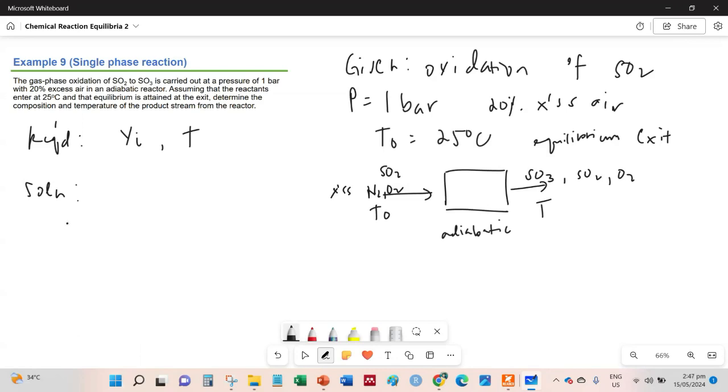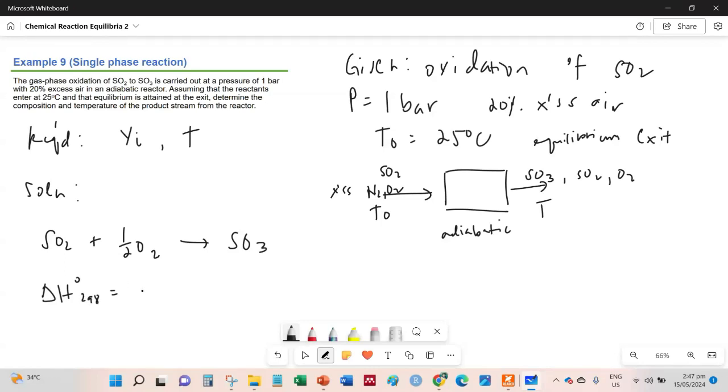But first we write the reaction. So SO2 in gaseous phase plus 1/2 O2 becomes SO3. So this is the balanced reaction. And I'll go straight to the delta H of reaction at 298.